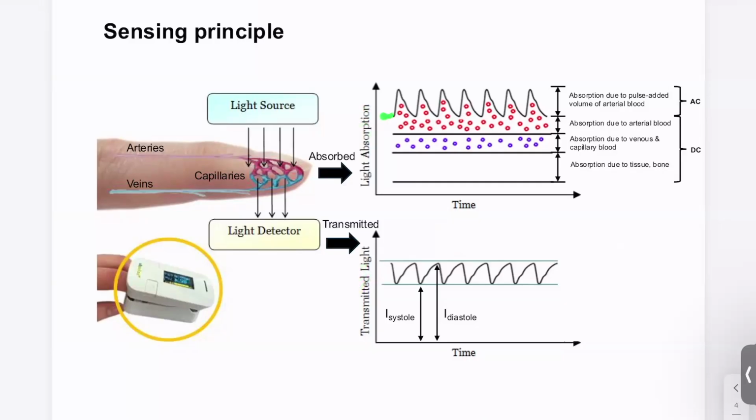When we look at this waveform, what kind of information can you extract? Frequency. The frequency of what? Heartbeat. Oh yeah, great. So first, we can look at the frequency or the interval of the pulses.